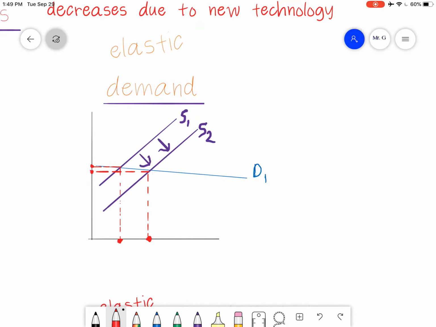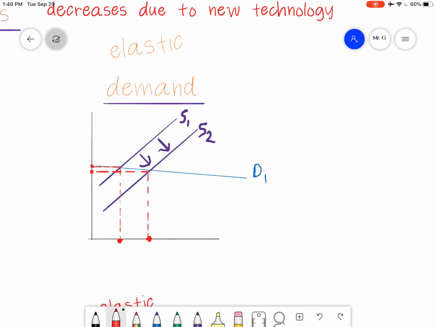Let's look at it now when we have a more horizontal demand. In this particular example, what are we looking at? Well, the price went down very little. Compared to an inelastic demand, the price actually only decreased a very small amount. However, the quantity demanded and supplied actually increased a lot. So what's this saying? Well, it's very sensitive to price.